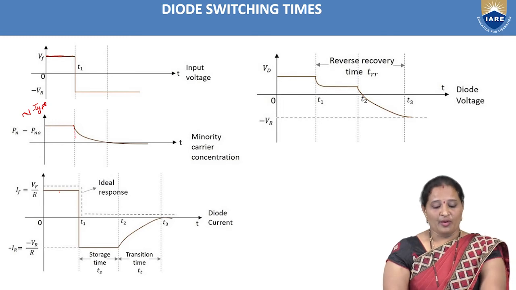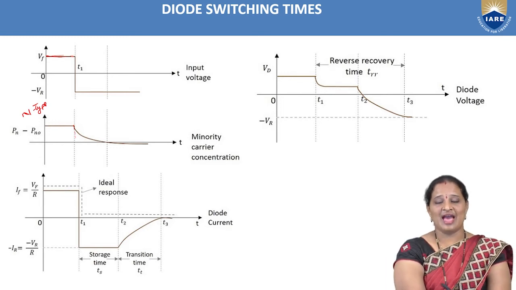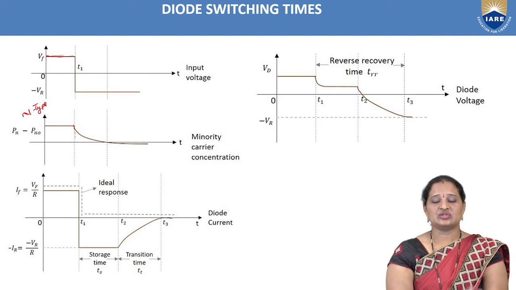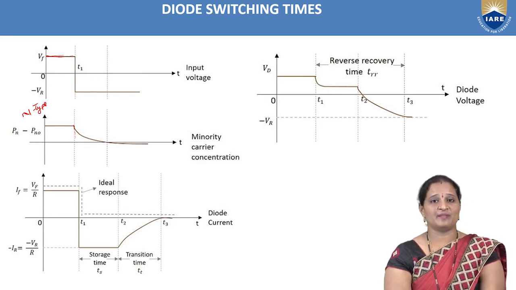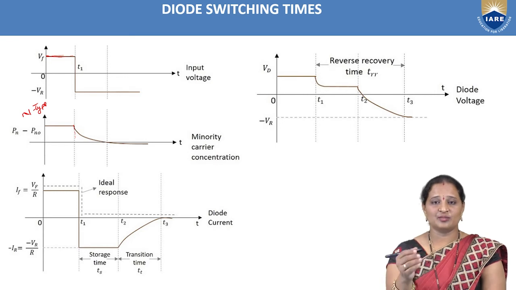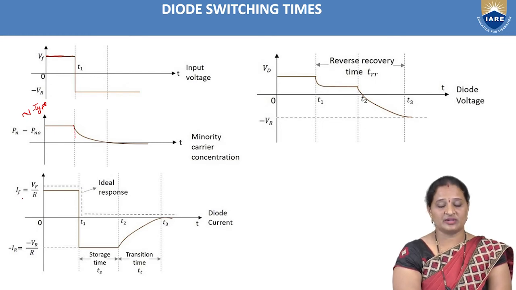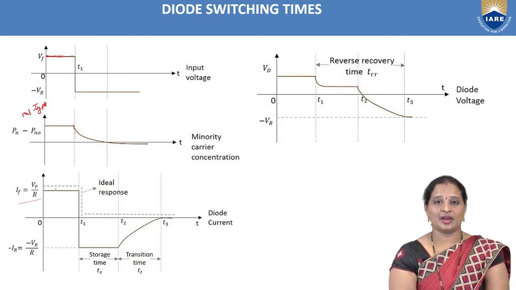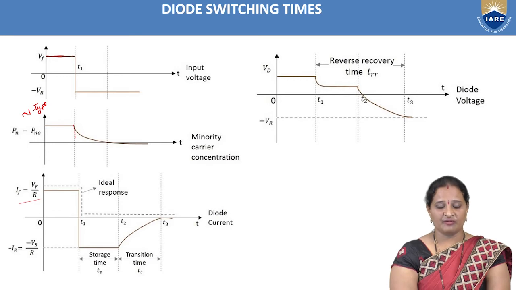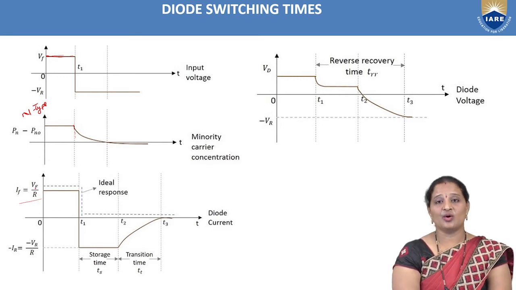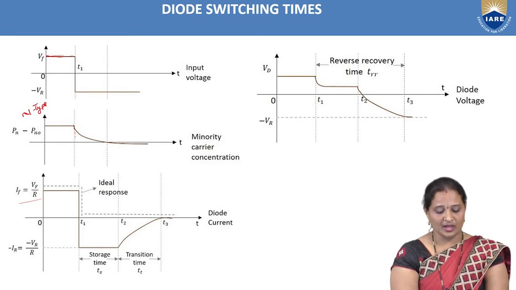During this plus Vf, as the diode is forward biased, the current through the junction is due to the majority charge carriers, and hence more current will be flowing through the diode. That current is given by If equals Vf by R, where Vf is the forward voltage applied.